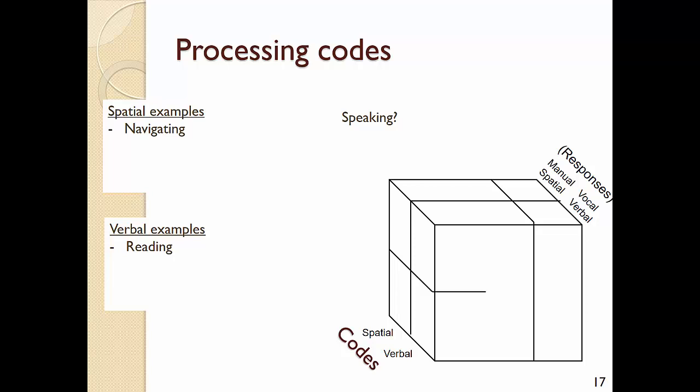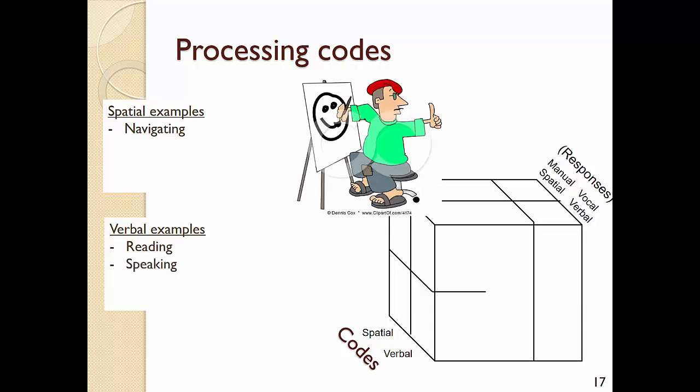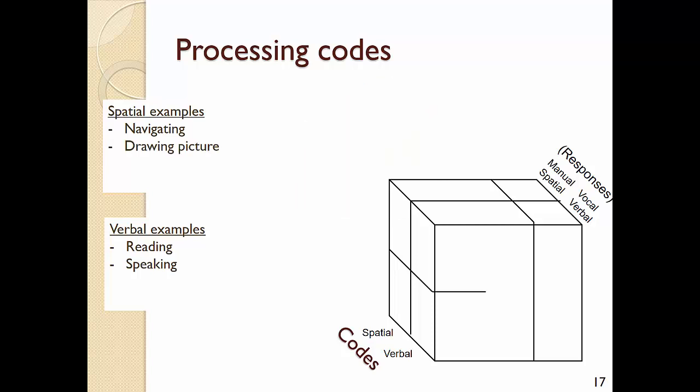Speaking, I'm generating language. I'm creating a message in language, so I am using my verbal processing code there. Drawing something that I see, I'm looking at something and trying to recreate it in an image. That is very much an image processing sort of thing, where things are, where they are relative to each other. Drawing a picture.